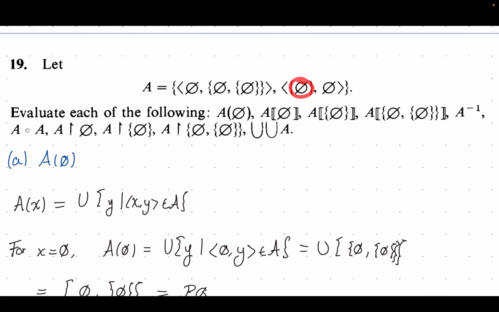So we can have this, right? This has this as its range, and then this has, sorry, A of the set containing the empty set is equal to the empty set, and then A of empty set is equal to power set of empty set.